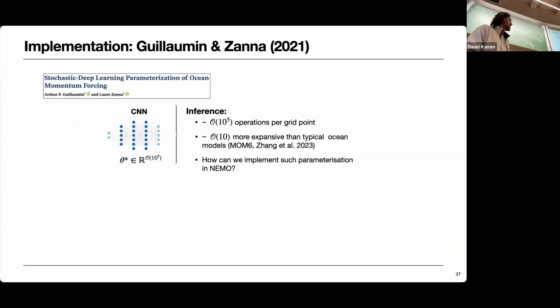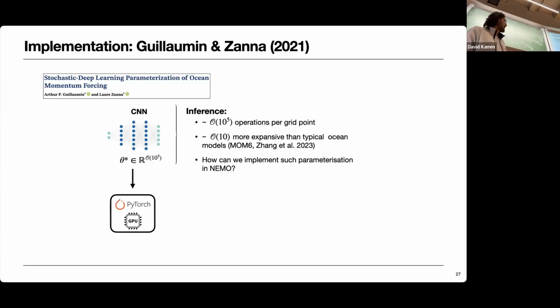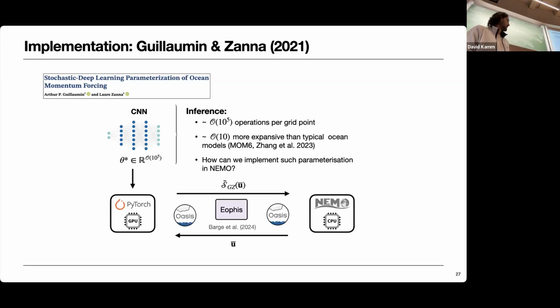So how can we implement such a parameterization in NEMO? And the answer is by using the hardware that was designed for these problems. So we managed to run the inference step on a GPU while running the NEMO model simultaneously on a CPU using EOFIS.